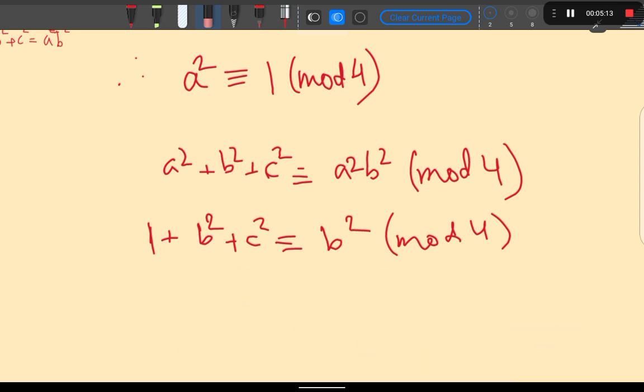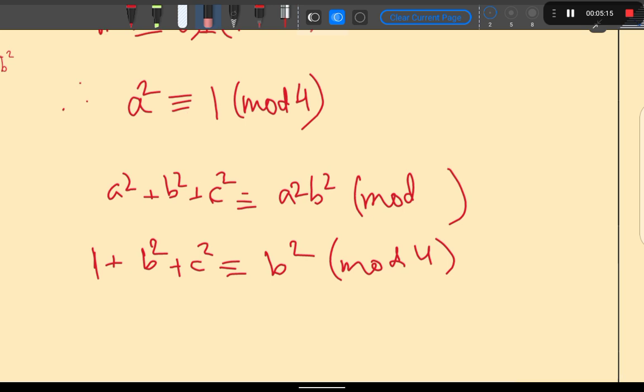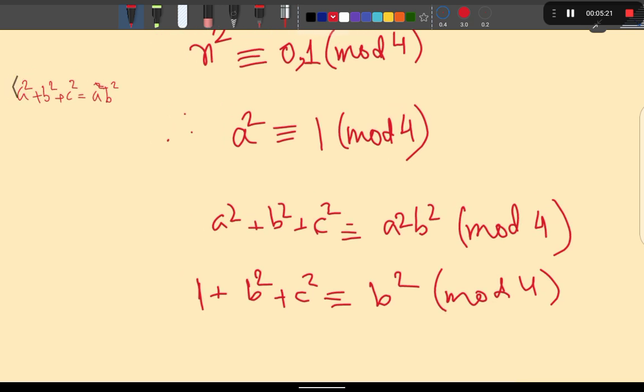Now what we did in this step, if you missed it, is we have the equation a square plus b square plus c square is equal to a square b square. What we did is we just put mod 4 on both sides. Yeah, you can do that.